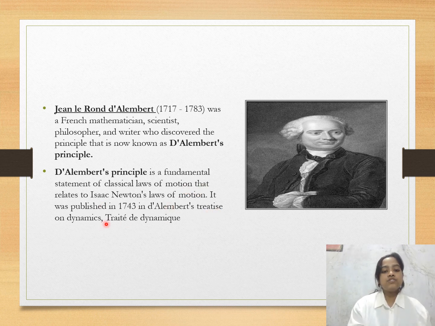It was published in 1743 in D'Alembert's Treatise on Dynamics. So, Jean Le Rond, who was a French mathematician, scientist, philosopher, and writer, discovered this principle. And in the coming slides, we'll also see how the principle is related to Newton's law of motion.